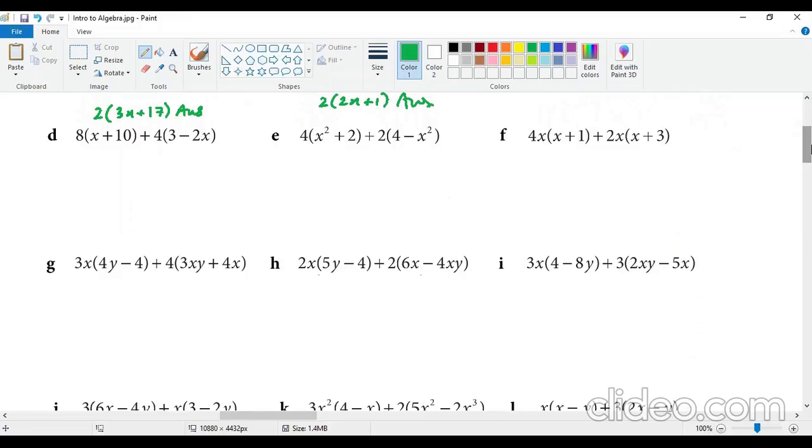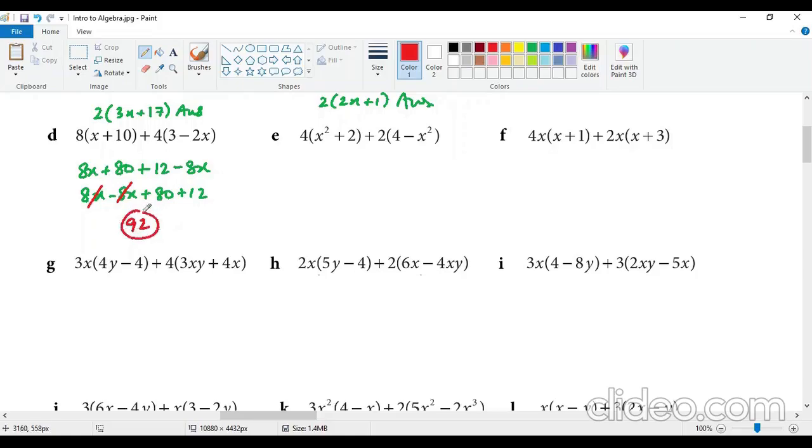This gives us 8x plus 80 plus 4 times 3 is 12 minus 4 times 2 is 8x. This gives us 8x minus 8x plus 80 plus 12, and 8x and minus 8x cancel, and 80 plus 12 is going to give us 92 as an answer.